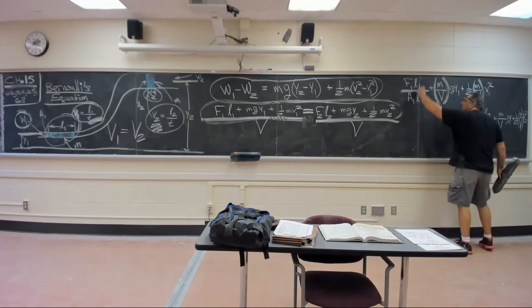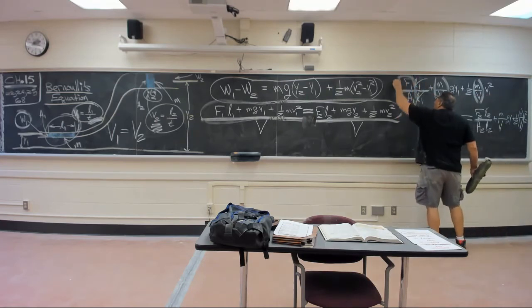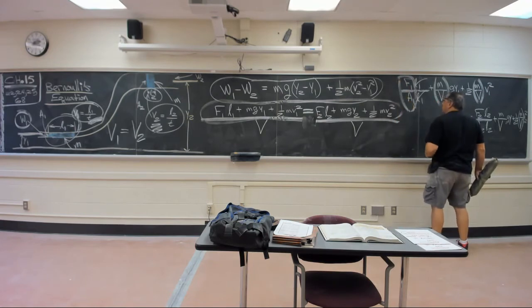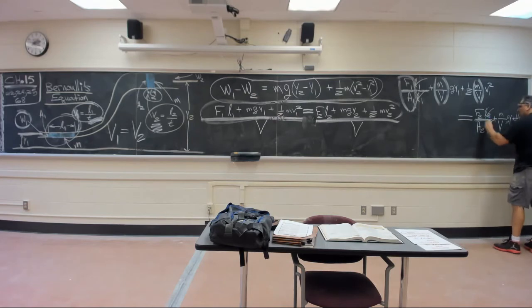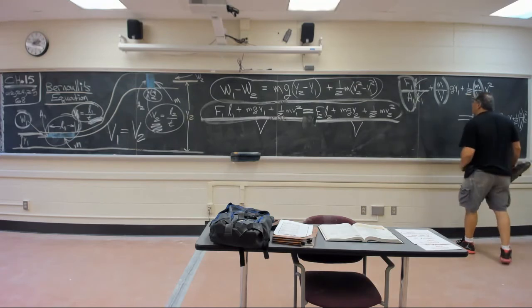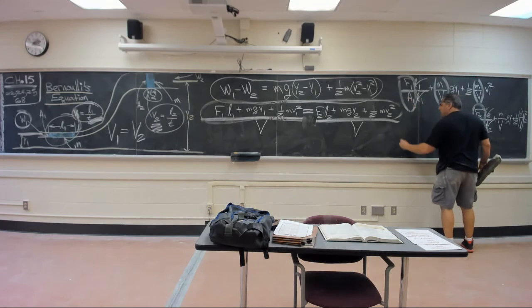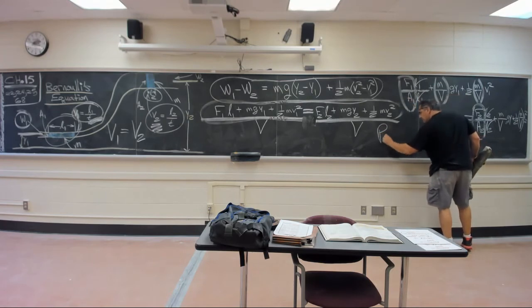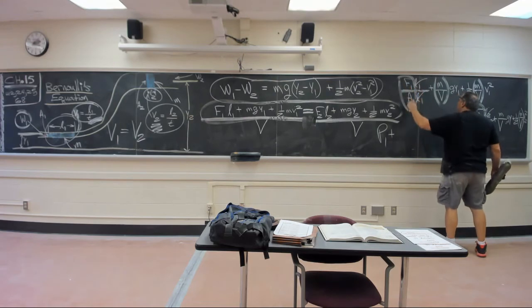All right. L1 and L1 cancel. And you got F over A, which is pressure. F1 over A1 is pressure. You divided by volume, and you end up getting pressure. We'll call it P1. F1 divided by A1 is P1.